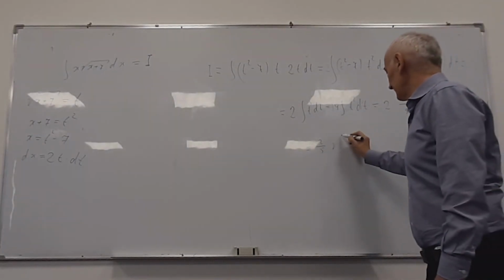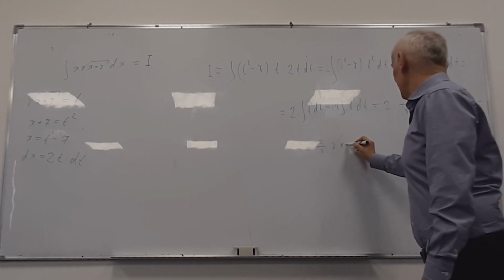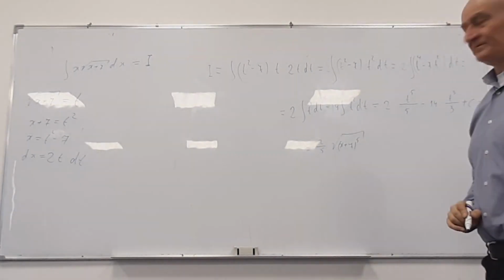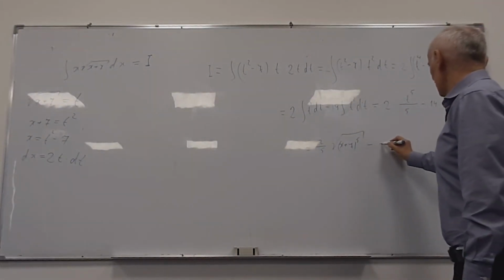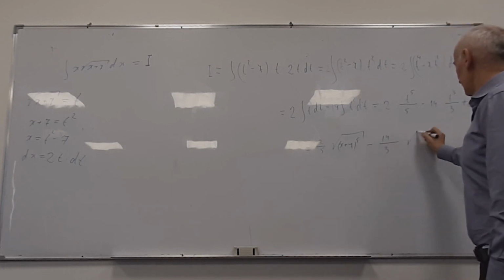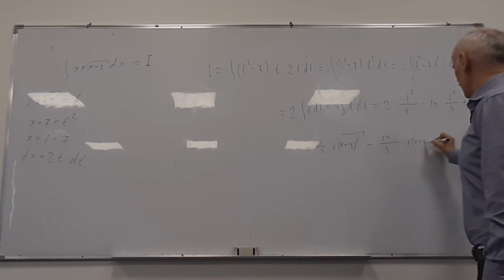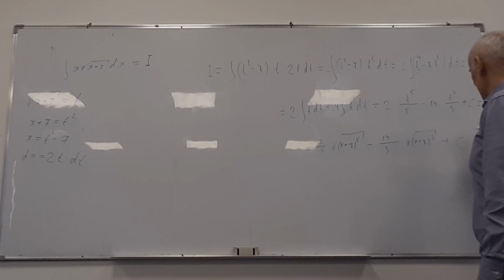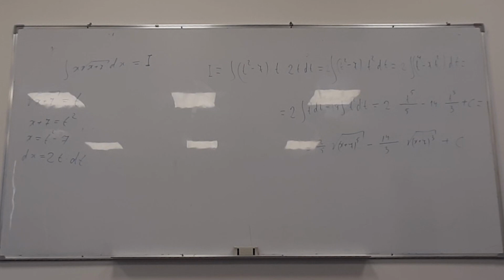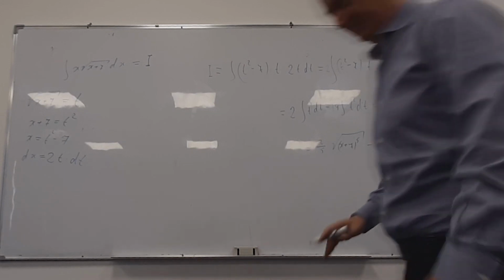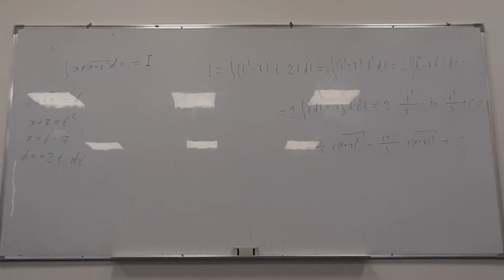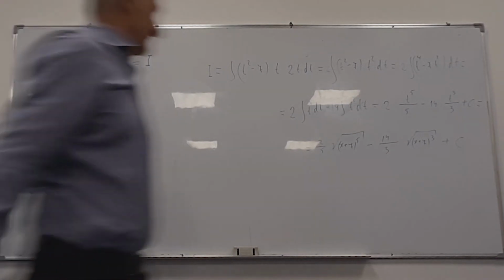And I can write it like square root of x plus 7 to power 5, and minus 14 over 3 and square root of x plus 7 to power 3 plus c. Any questions? Okay, good.